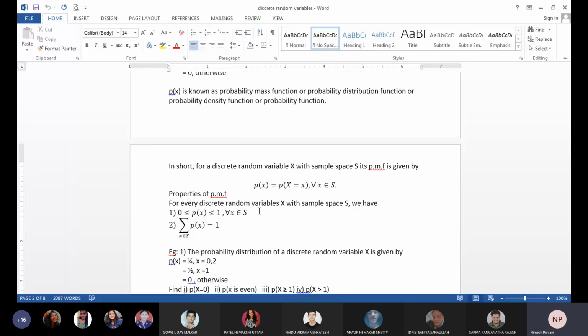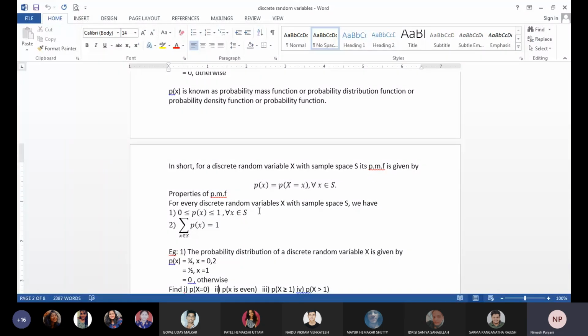Before discussing the probability mass function, we discussed the discrete random variable and the continuous random variable. At present, the things we are discussing are for the discrete random variable. For the continuous random variable, the things will be parallel. There would be some changes, but it would almost be one and the same thing. For the probability mass function we have two properties.